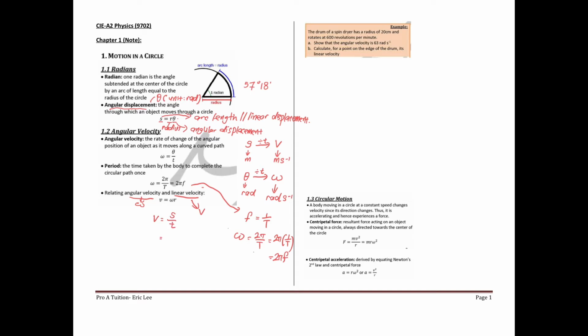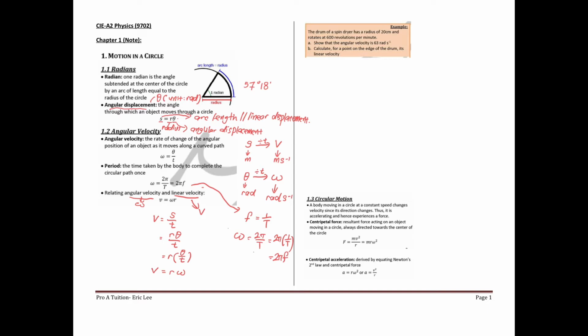And based on the formula here, s equal to r theta, I substitute it to the numerator. So I get r theta on top and t at the bottom, and I factorize the r. Theta over t is omega. So that is how we get v equal to r omega.